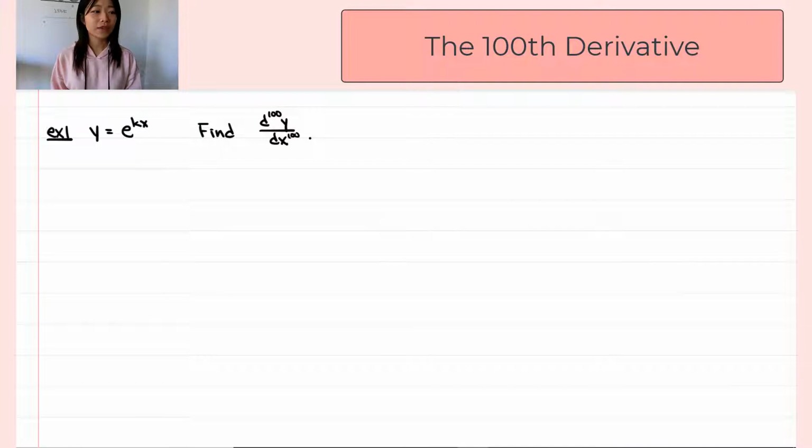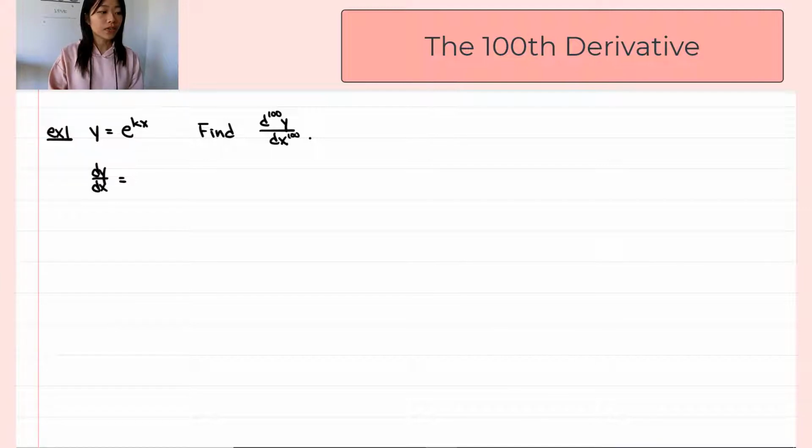In this example, y equals e to the power of k times x, where k is a constant. So let's start with finding the first derivative, dy over dx. We use chain rule. The outer function here is the exponential function, and the inner function is kx.